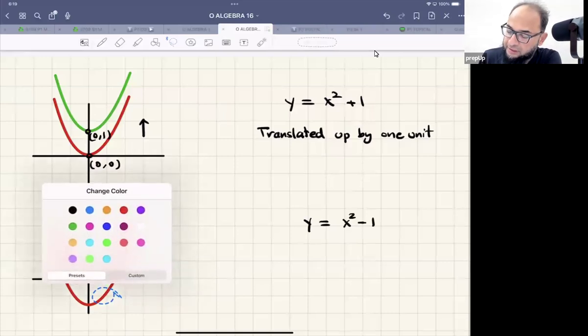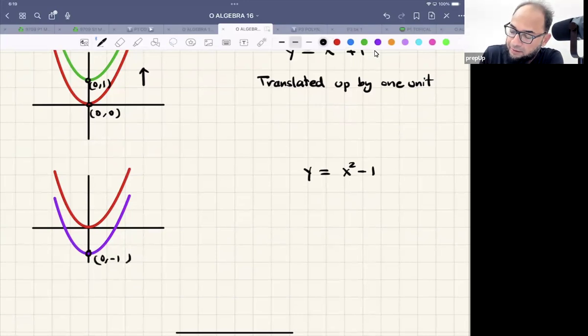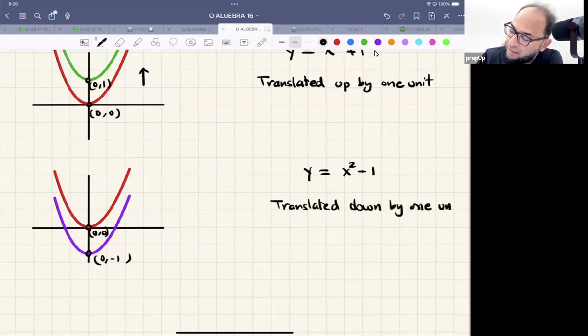And let me change the color to purple like this. So this is y is equal to x square minus 1. This is 0, negative 1. The turning point and hence all the points on the graph are translated down by 1 unit.